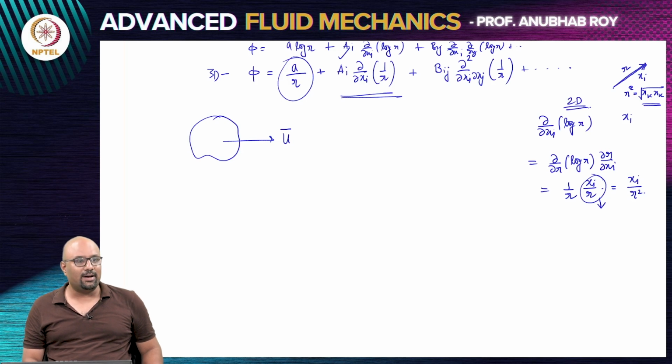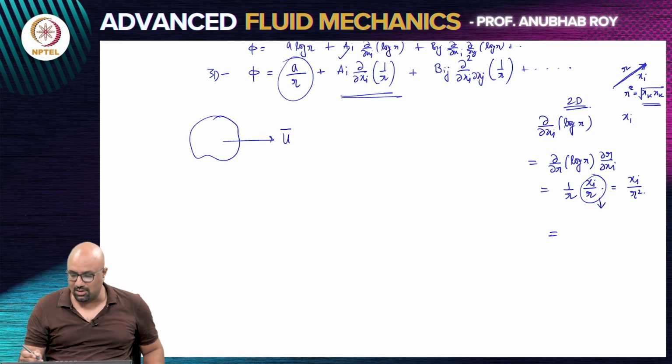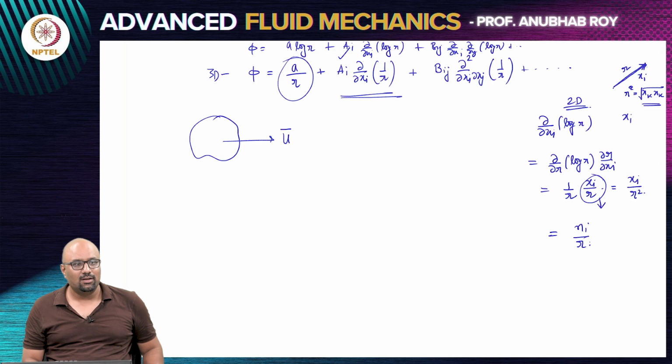So, what is xi by r in circular polar coordinates? It is cos theta, but obviously it is a vectorial quantity, right? So, it depends on that position. There will be a normal, and it would come in terms of ni by r. So, it would have a cos theta x cap plus sin theta y cap.